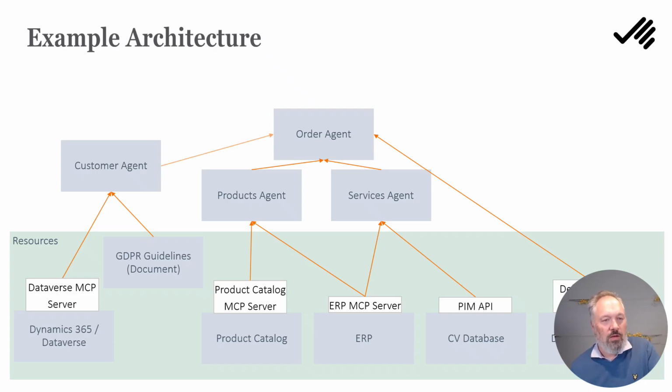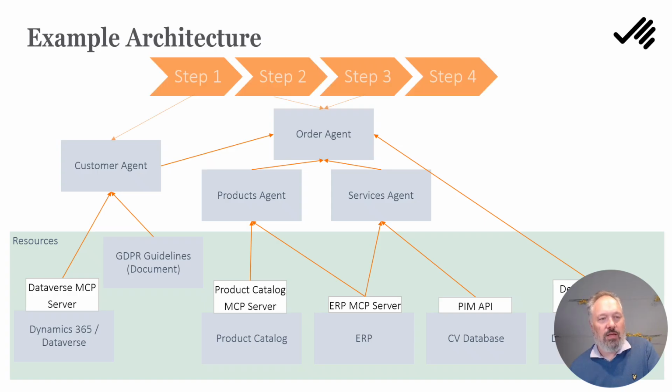And then we might have the customer agent that's also feeding into the order agent, so we know more about the customer. And then we could just have some kind of agent flow at the top, where it goes through different steps. First, we start by looking at this, and then after that we always go through the order agent. We generate the order that we want to have as a draft.